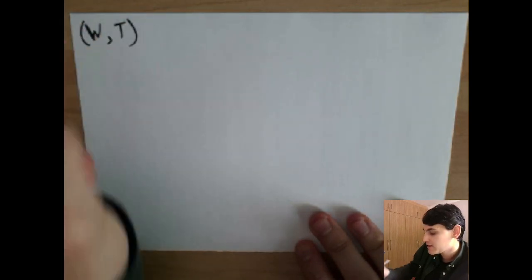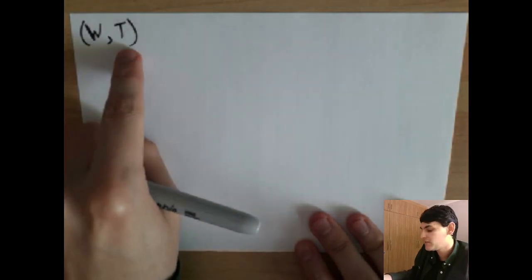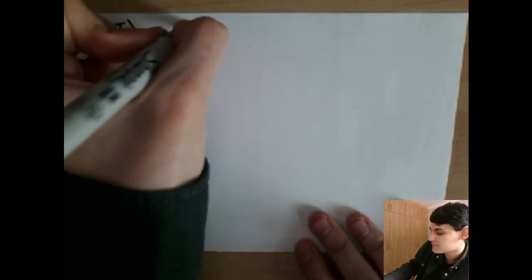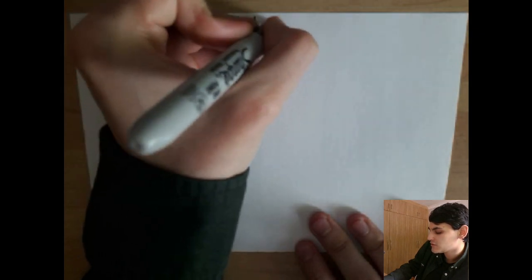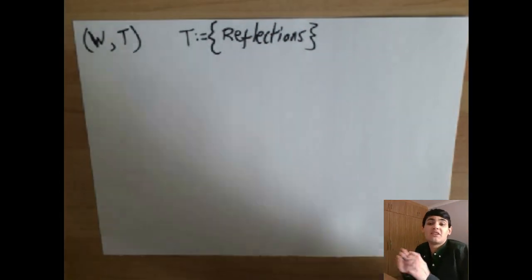Okay, so W is your Coxeter group, and T is the set of all reflections, which are basically conjugations.